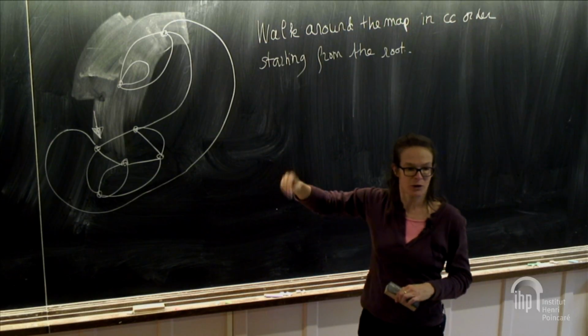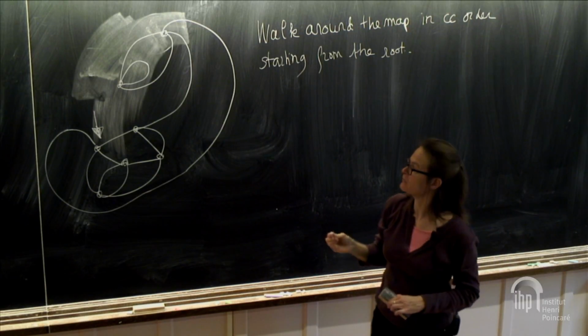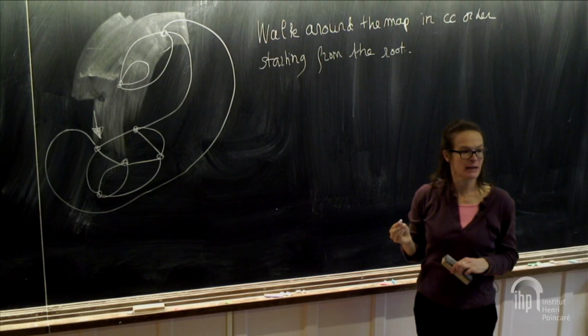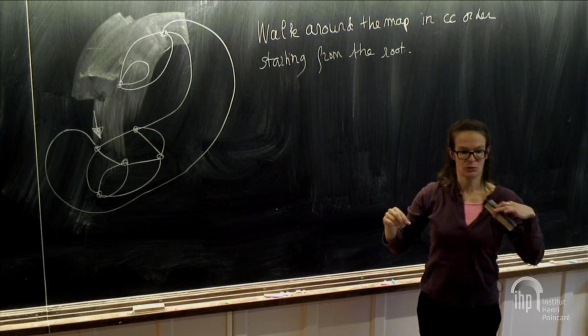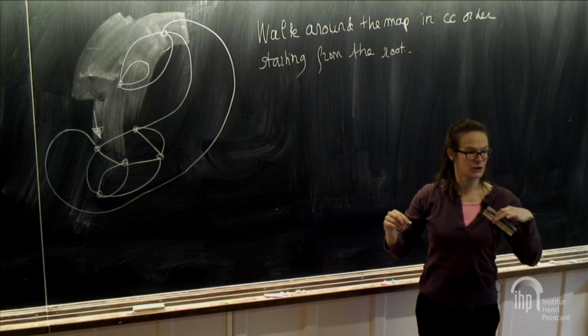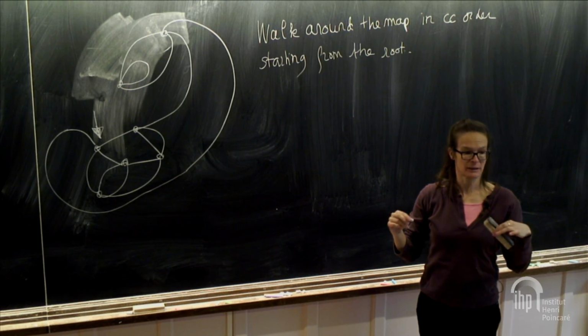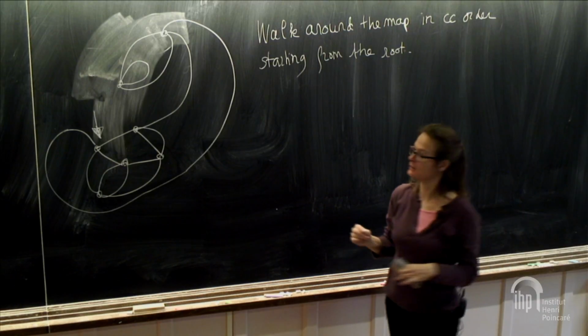So you will walk along edges, and after visiting each edge, you ask what happens if I open this edge into 2 small half edges. Will this disconnect the map?